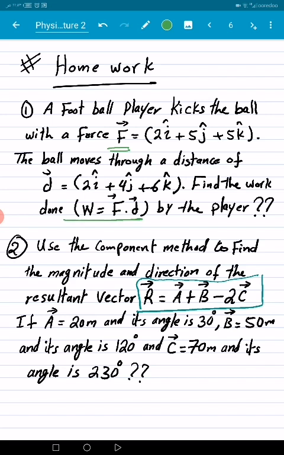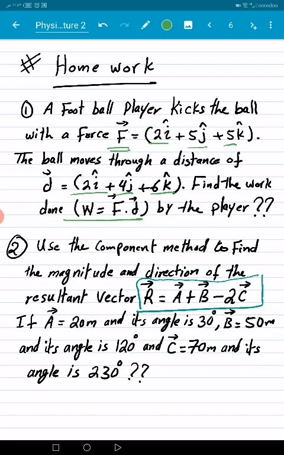The formula of the work is F dot D. That is direct, you can just use the dot product, so take the components of F, 1, 2, 3, and also D, 1, 2, 3. Make the product of F and D and find the final result, and we can discuss it next lecture.